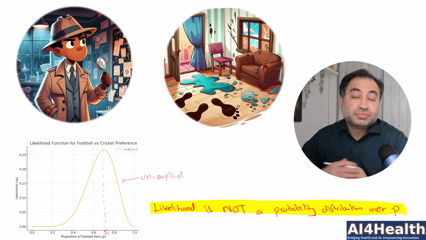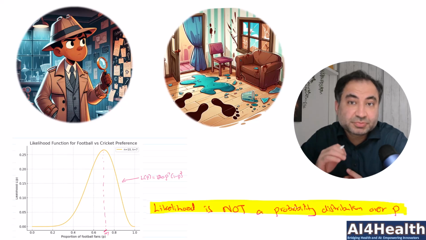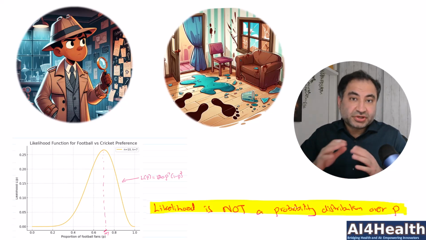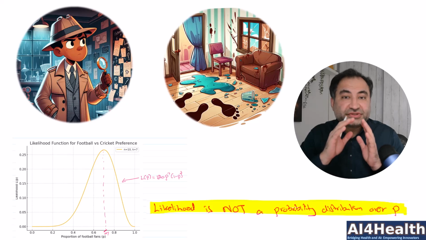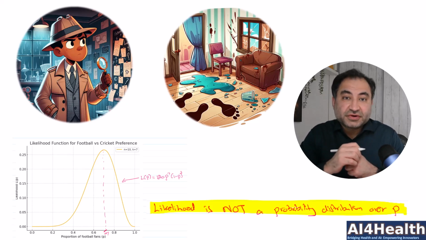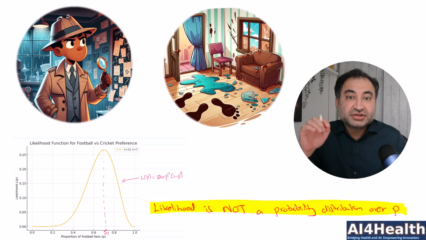So to conclude, maximum likelihood estimation is a powerful tool for uncovering the most plausible explanations behind the data that we observe. It provides us with a principled framework to estimate the parameters that make our observations most likely. Let me quickly recap. We observe some data, then we create a likelihood function, which is the probability of data given a certain value of a parameter.